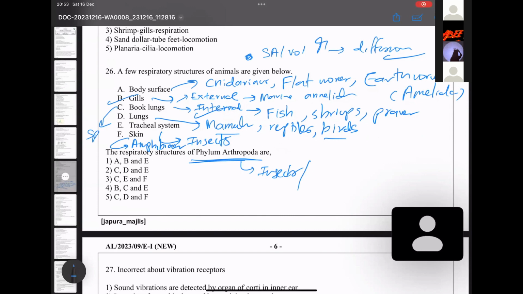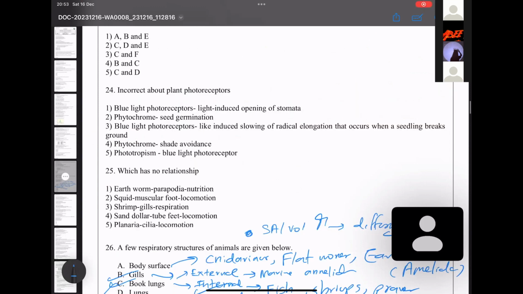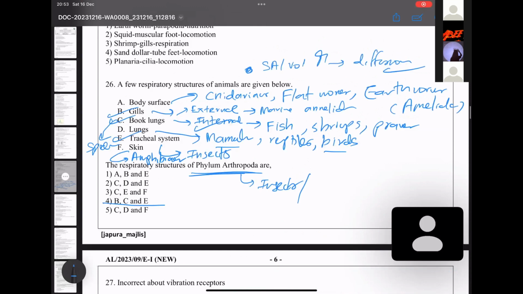And then tracheal system, insects. So B, C, E is the answer. I hope you all got that. You can take a screenshot if you need to, but that is directly theory. Even reptiles, yes, even D is right, but B, C, E is the answer. Then moving on to the next question.